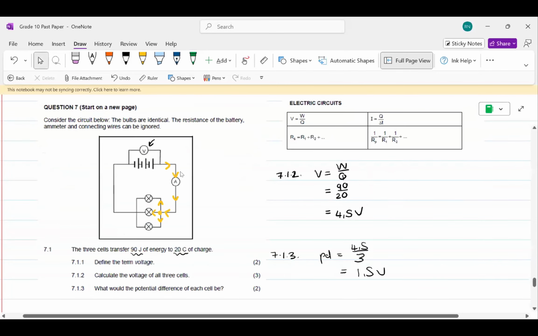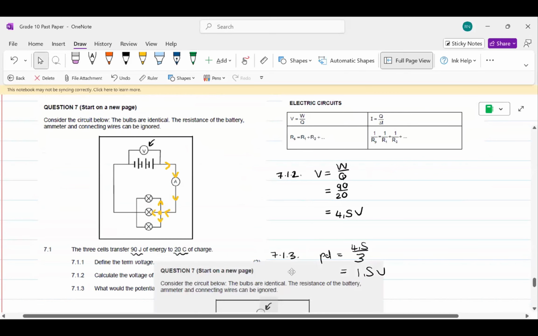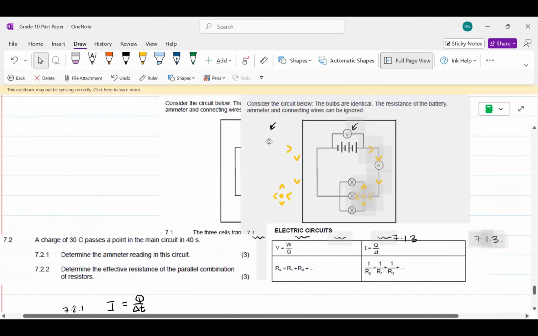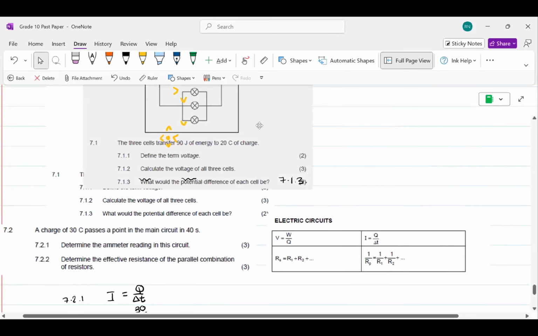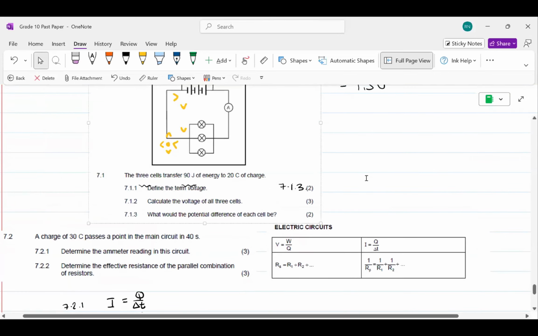Okay. And then this one, 7.2.2, what is the effective resistance in the parallel combination of the circuit? So let me bring this back down here. So this is our circuit, right?